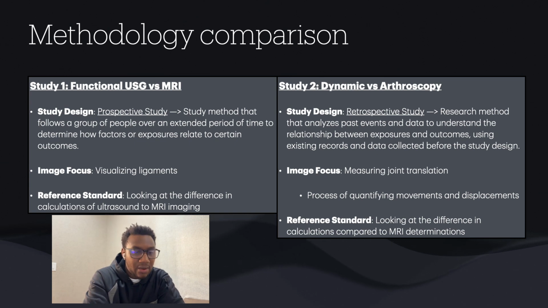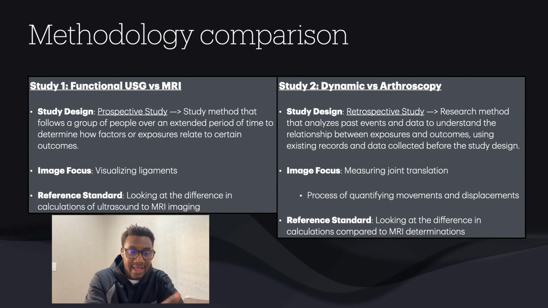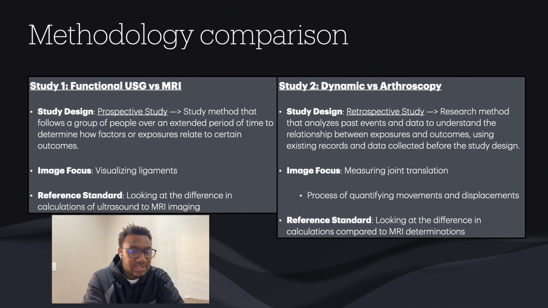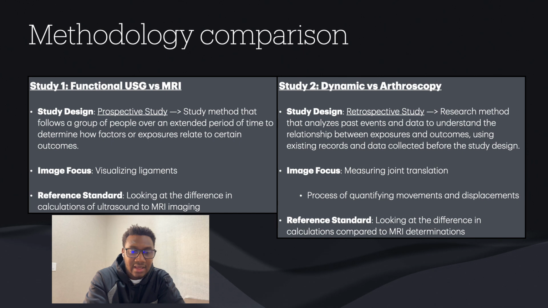All right, and then I wanted to put up a slide that showed a comparison between the two methodologies. I thought it was important to add prospective and retrospective studies, just as far as their definitions. A prospective study is defined as a study method that follows a group of people over an extended period of time and determines how factors and exposures relate to certain outcomes.